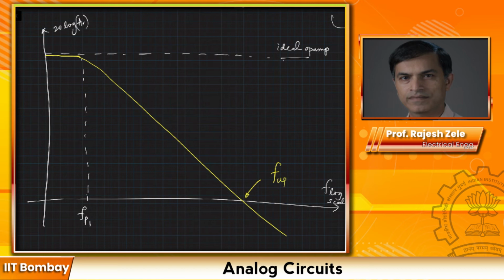And now this would be your 20 log R2 over R1, and the pole location has been modified to F UGF divided by 1 plus R2 divided by R1. Okay.